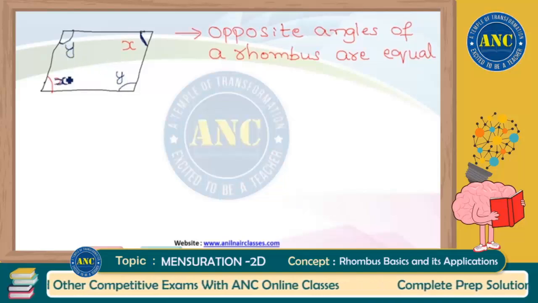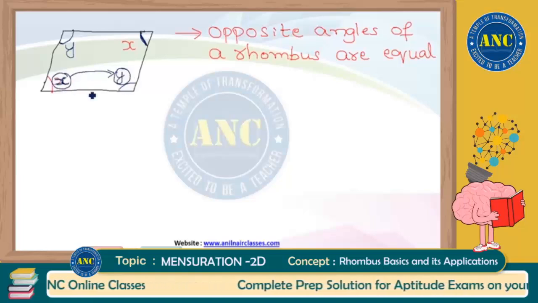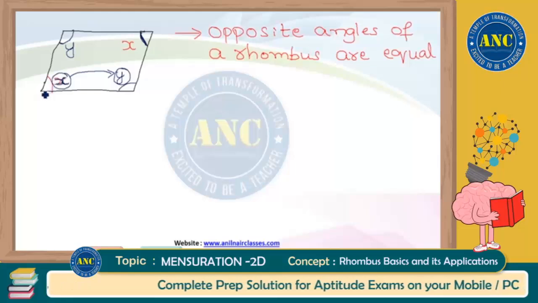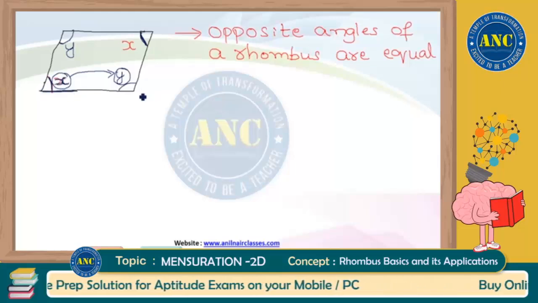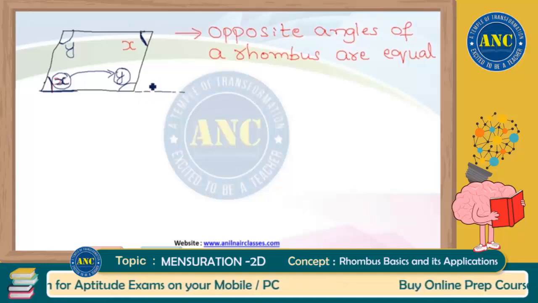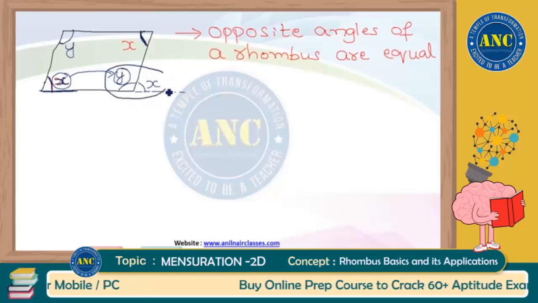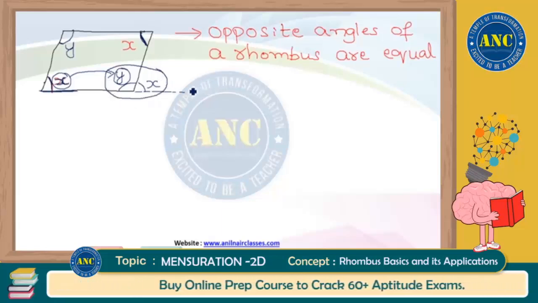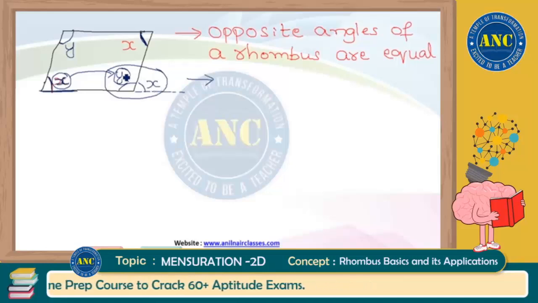That means this is X, adjacent of X is Y. I will cut this angle and paste it here. This entire angle is 180 degrees, because it is an angle in a straight line. X is one of the angles, Y is an adjacent angle.